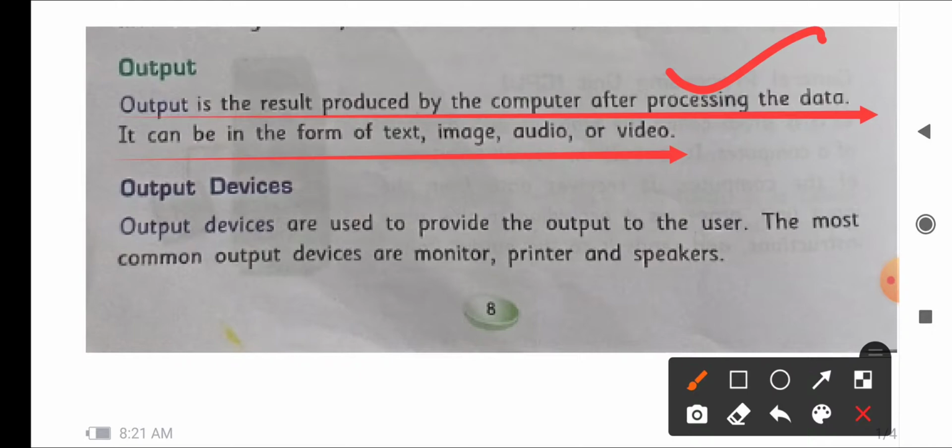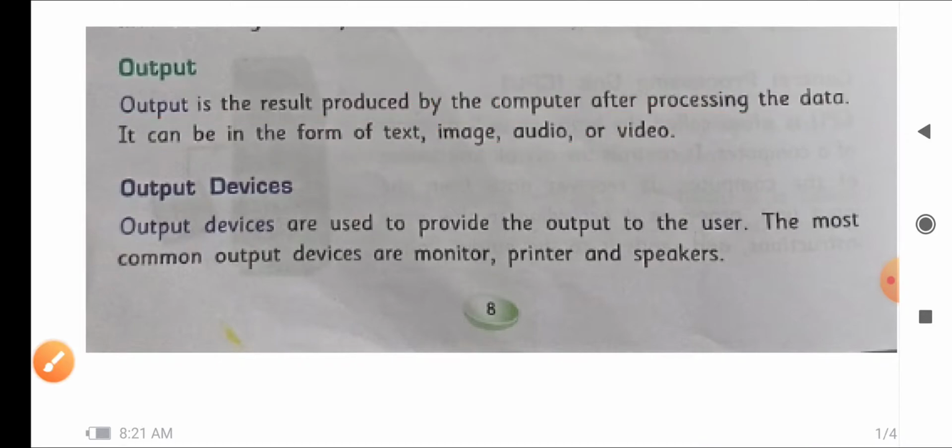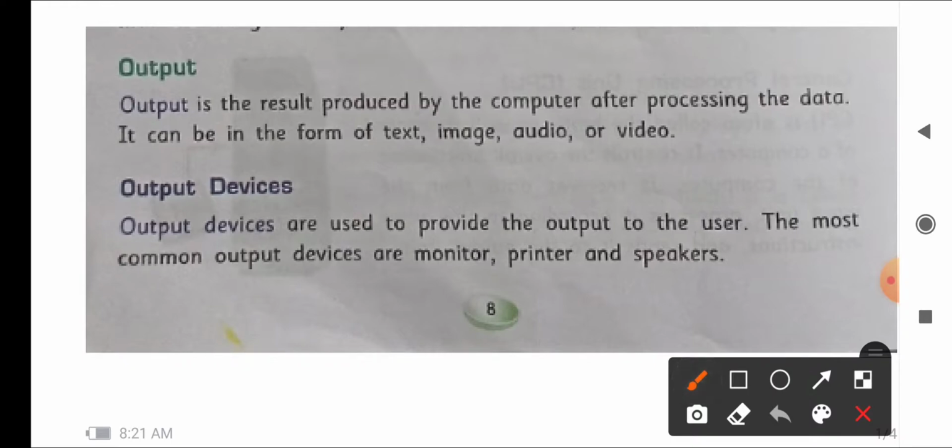So our computer processes it, and after processing the data, we get the output in the form of text sometimes, images, we are able to hear the output, or we are able to get the output in video form also.